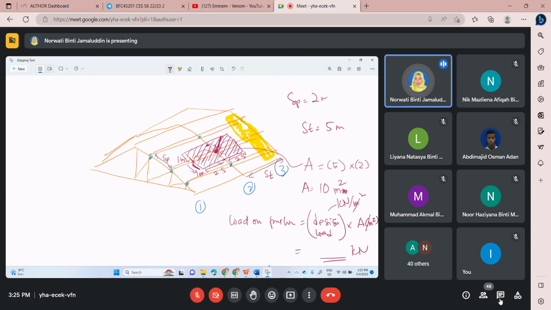What is design load? Design load is something that you multiply by partial factor. But in this case, for purlin design, according to empirical method, it is unfactored load, meaning 1.0 GK plus 1.0 QK.